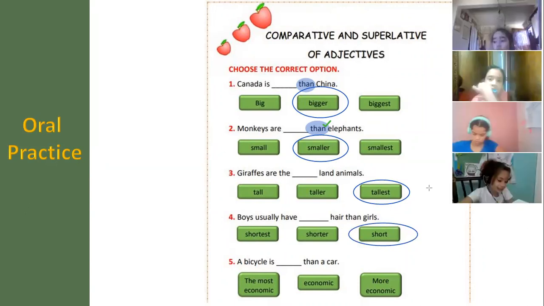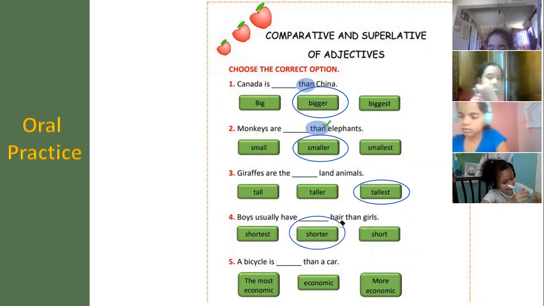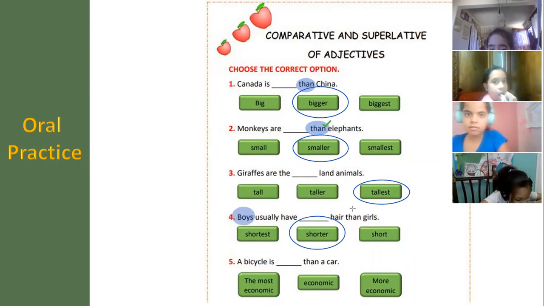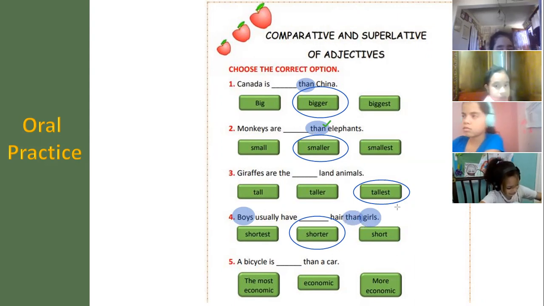The second one. Yes. You know why? Because it's comparing boys and girls, two different groups. It's not comparing this boy with the rest of the boys. So it is correct. Another clue is that we have this word.